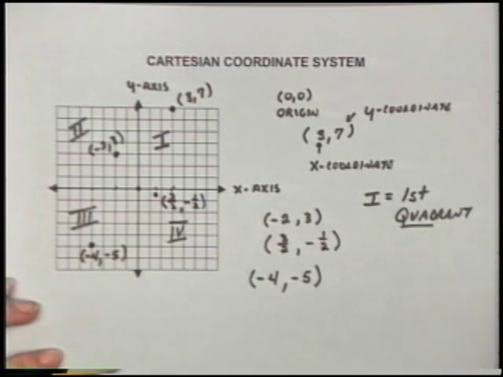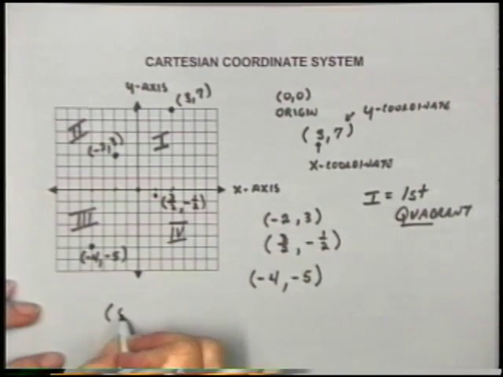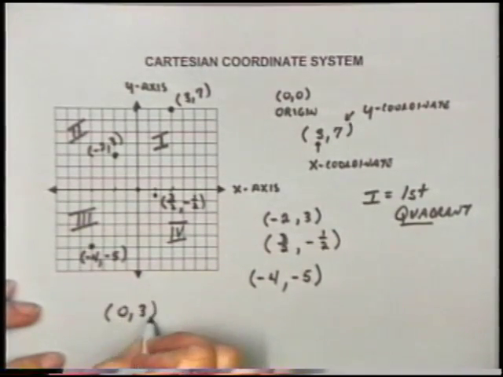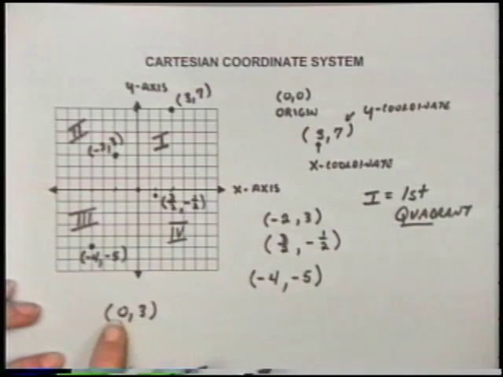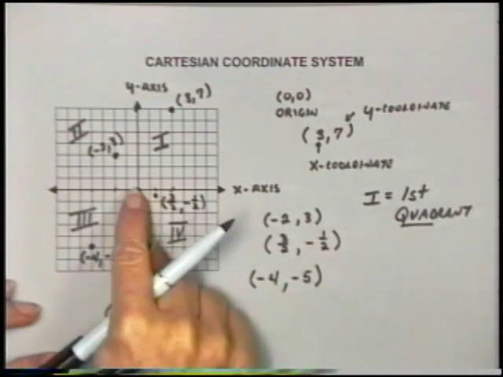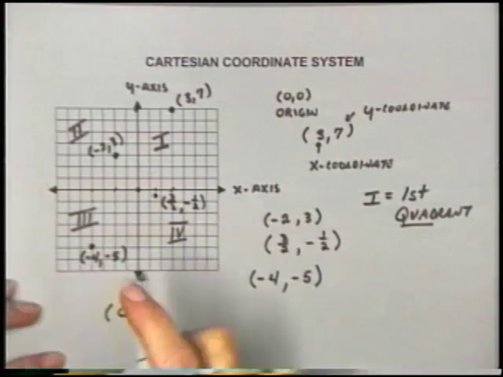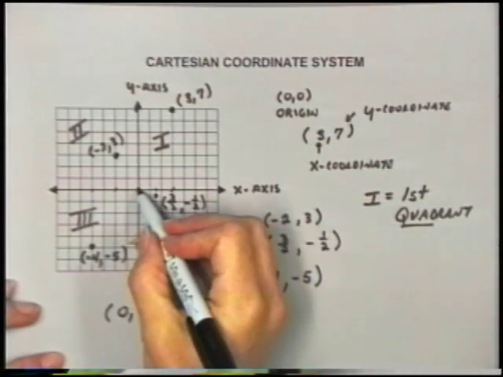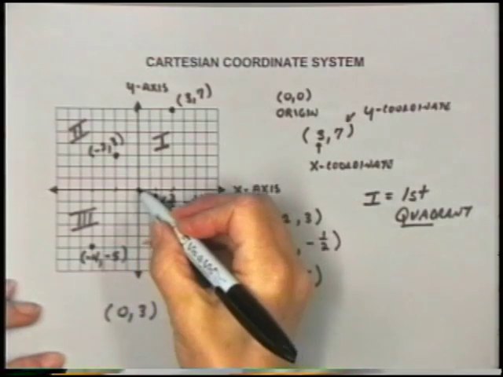Now there are some points that are not in any of these quadrants. For instance, the point that has coordinates 0, 3. Notice that since your x-coordinate is 0, from this origin you do not move to the right or to the left, either one. You simply stay on 0 for the x-coordinate.